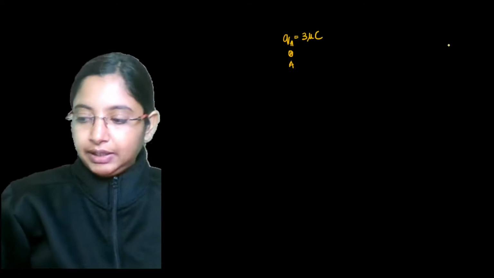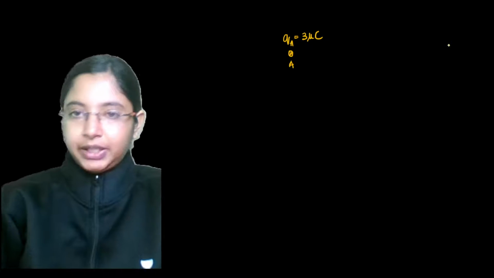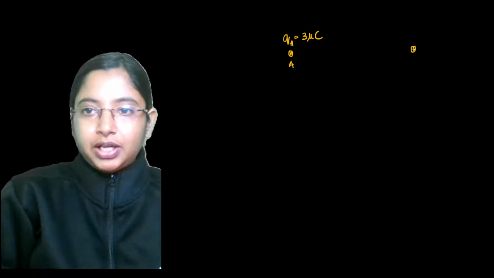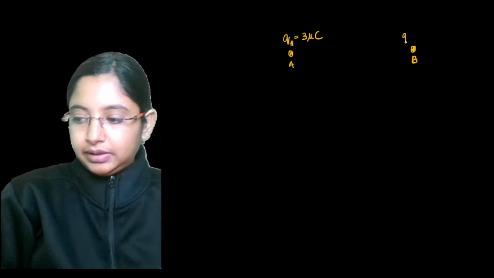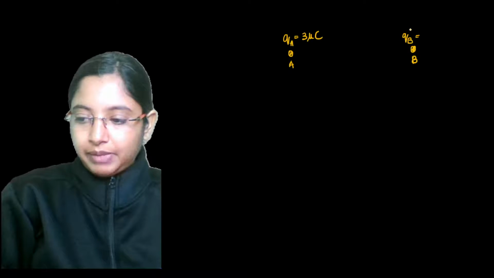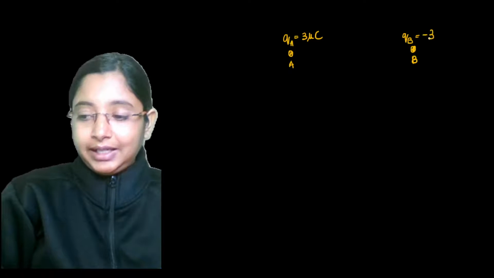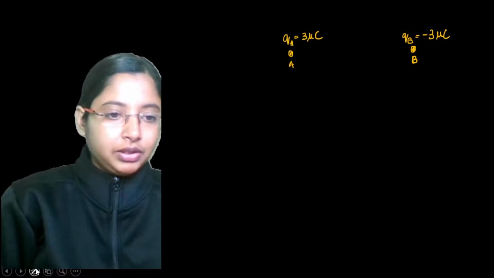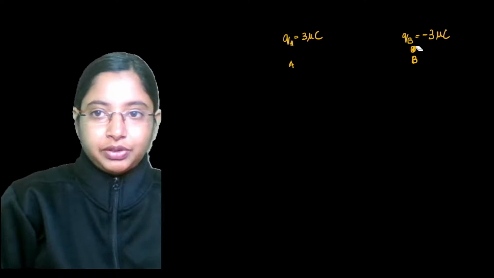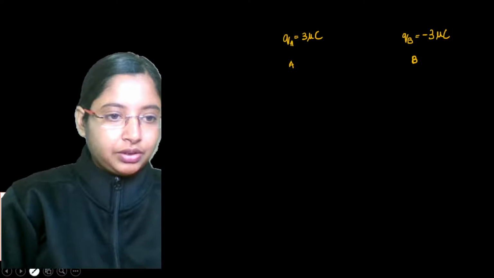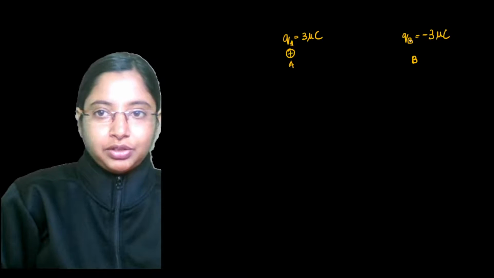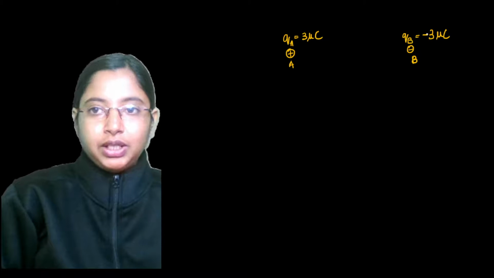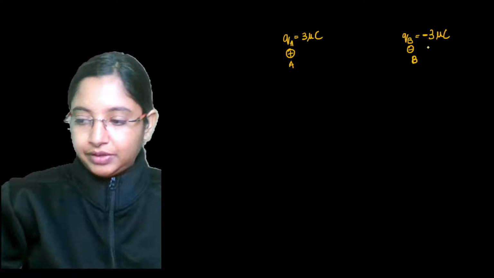Let's say we have another charge, B, and let's say this is a negative charge. So this is my positive charge and this is my negative charge. This charge is around -3 microcoulombs.